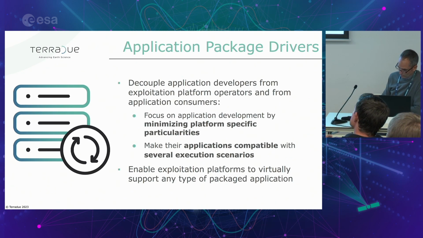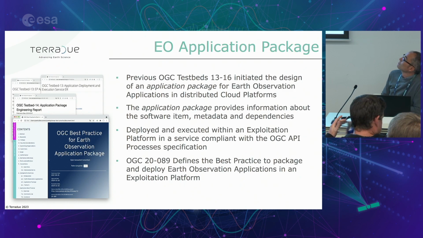Just to the next one. We've been working on this in several testbed activities in the OGC, from 13, 14, 16. Lots of people here worked together on this. If you go to the documents, it's funny to see that in 13 we went one way, and then in 14 we changed to another one. So we're really evolving.